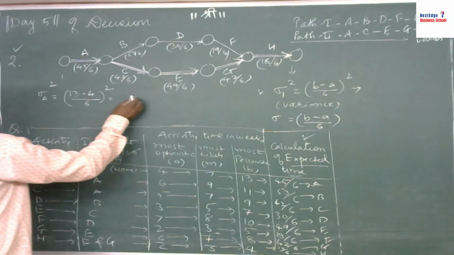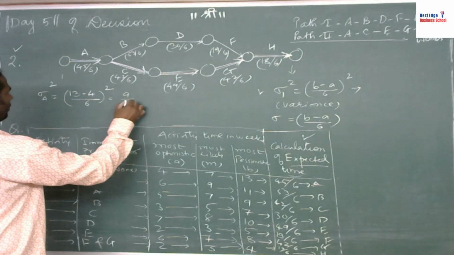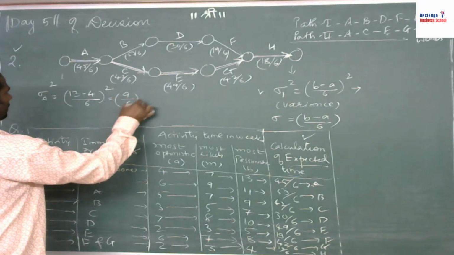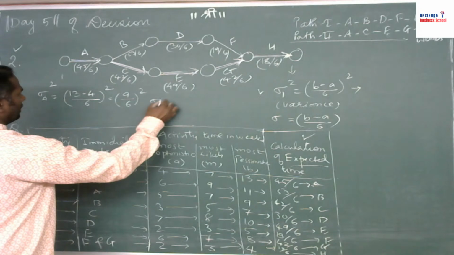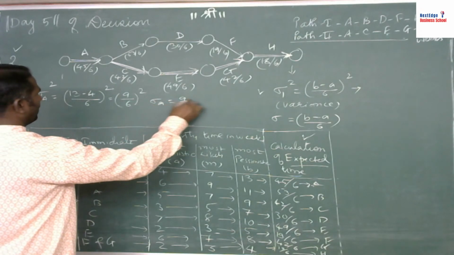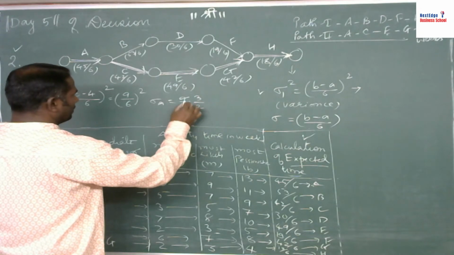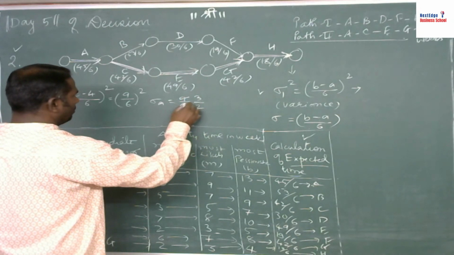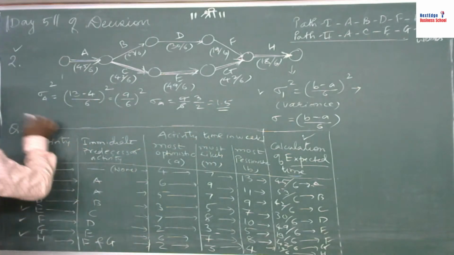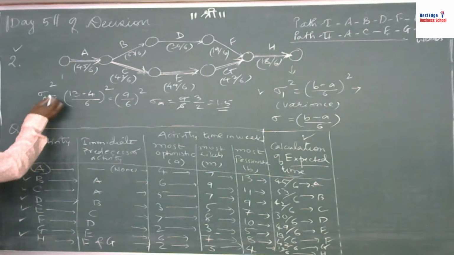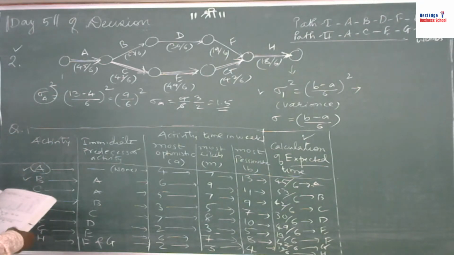So 13 minus 4 is 9 upon 6, and sigma A is equal to 9 by 6, which is 1.5. So you will get the value of sigma.